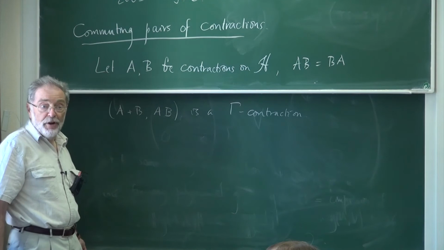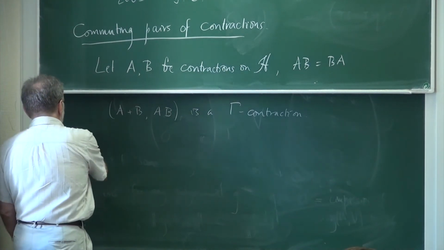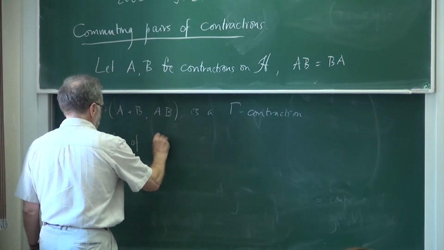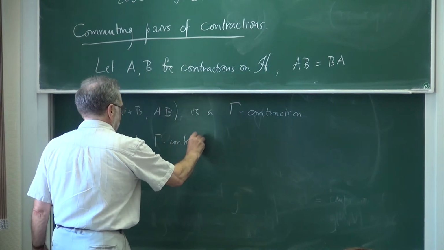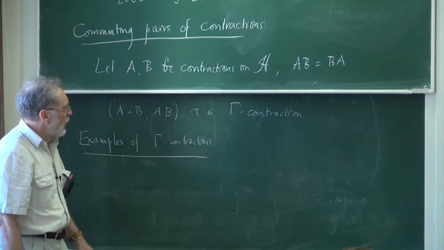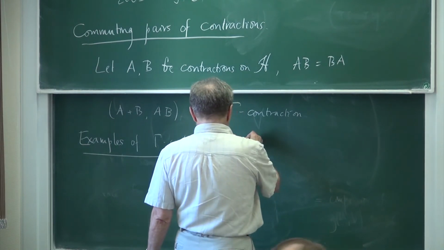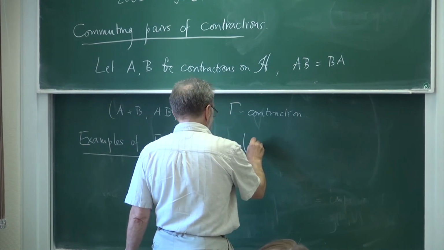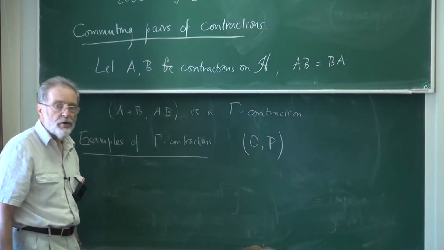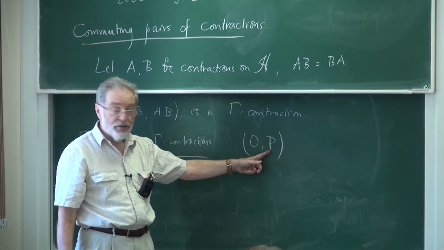But it's good to have some other examples. So here are some examples of gamma contractions. So there's this one that we've just seen, but they're not all of that type, otherwise it wouldn't be so interesting. So what about 0 comma P? Take the first component to be 0, then it's easy to see that that will be a gamma contraction if and only if P is a contraction.